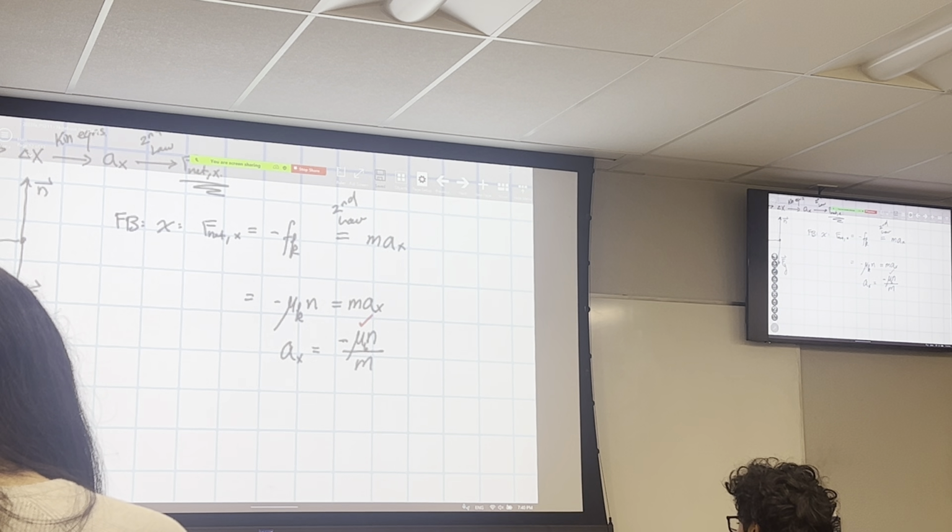And for that, we look at the y component. So the net force in the y direction, we have positive n minus force of gravity. That is going to be equal to 0. And from here, then you can deduce that the normal force has not changed.